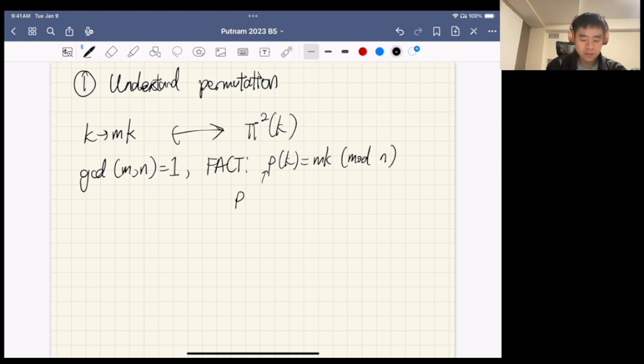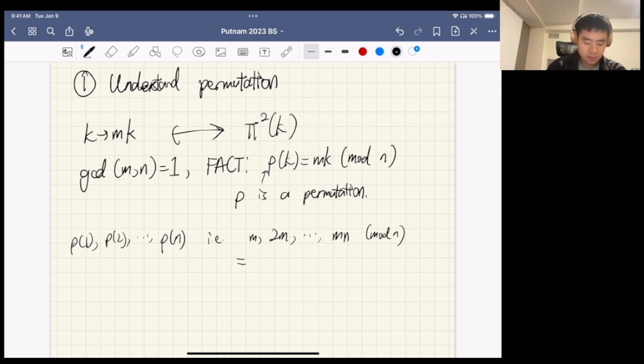This rho is a permutation, meaning that rho 1, rho 2, all the way to rho n, which is m, 2m, and so on up to nm mod n, is 1, 2, 3, all the way to n in some order.